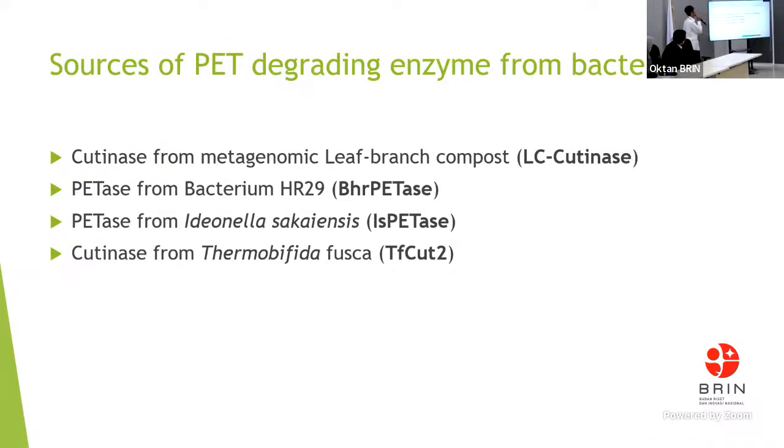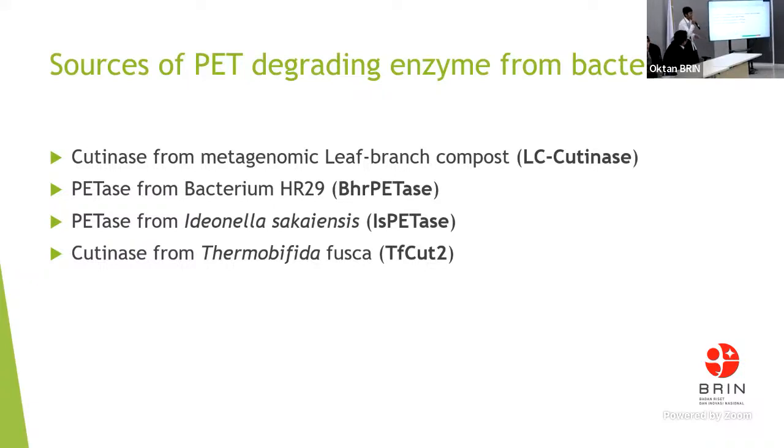Next slide, please. Previous studies have reported many sources of PET degrading enzymes from bacteria, such as the cutinase from the metagenomic leaf branch compost, called LC cutinase, the PETase from the bacterium HR29, called BHR PETase, the PETase from Ideonella sakaiensis, IsPETase, and cutinase from Thermobifida fusca.